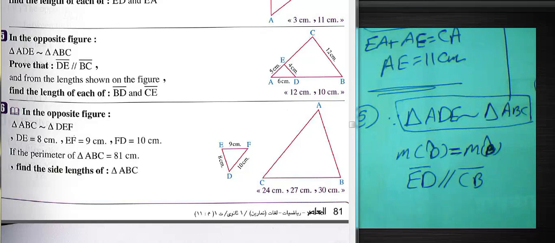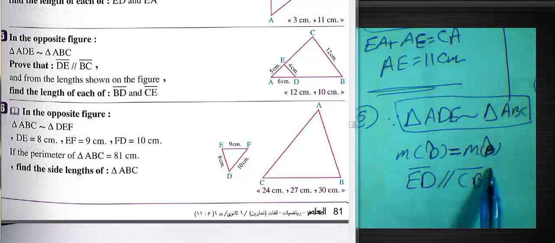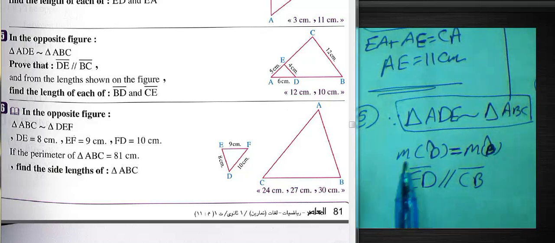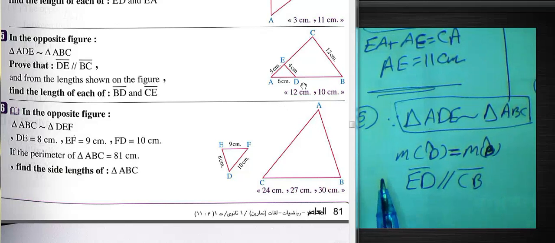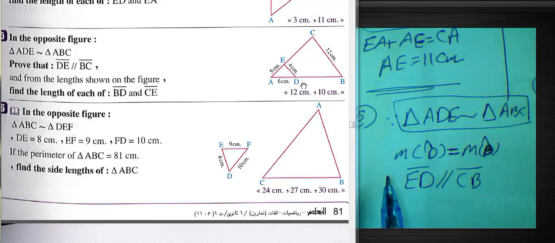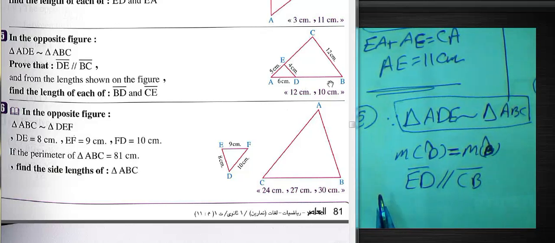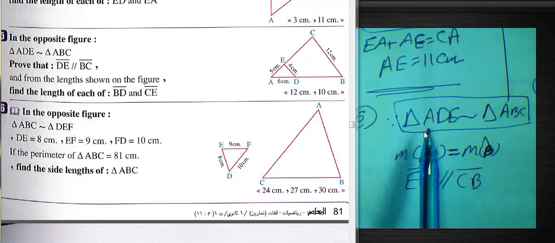These are the properties of the intersection of two parallel straight lines or line segments. Again, DE is parallel to CB, because AB intersects DE and BC, because the measure of angle D equals the measure of angle B, and AC intersects DE and CB, and we have corresponding angles. Angle D and angle B are equal because we have similarity between the two triangles ADE and ABC.